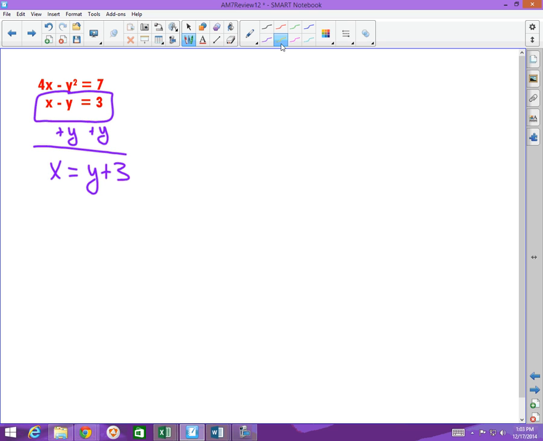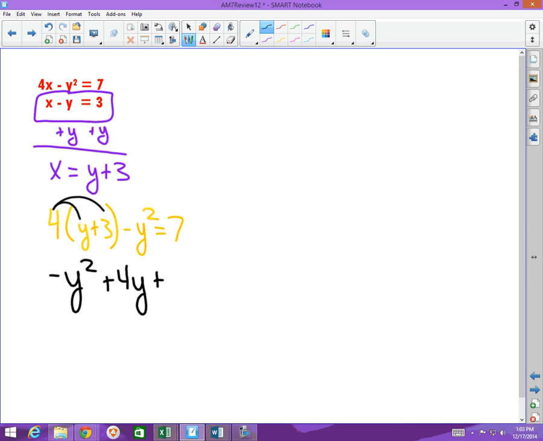Then taking that answer and substituting it into the first equation, you have 4 times (y plus 3) minus y squared equals 7. Distributing the 4 will get you negative y squared plus 4y plus 12 equals 7.